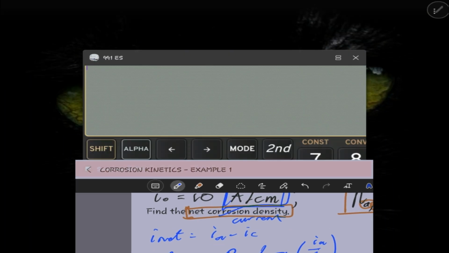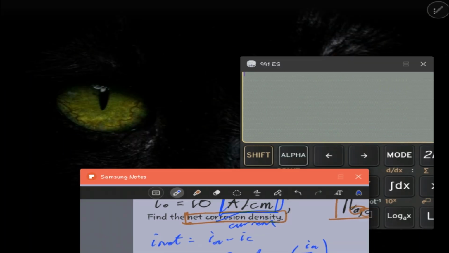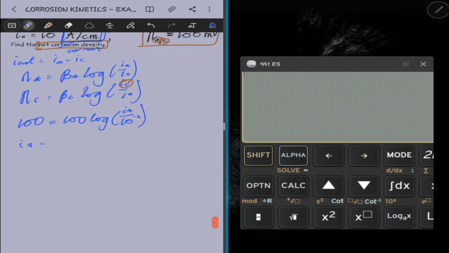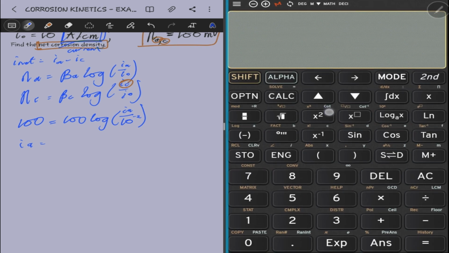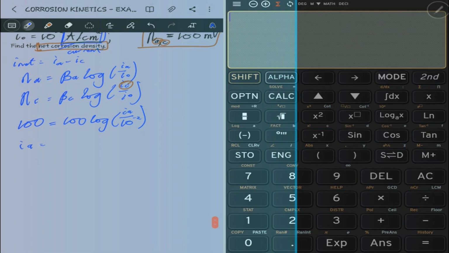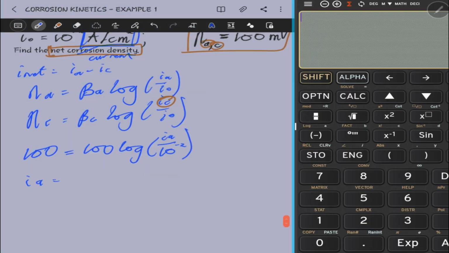So here we can compute it very fast. The formulas are very important, especially for the cathodic; when we get there, we'll see why.